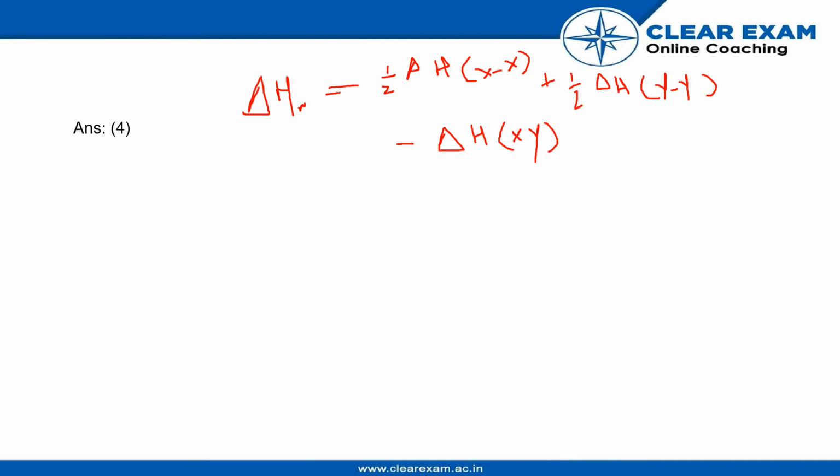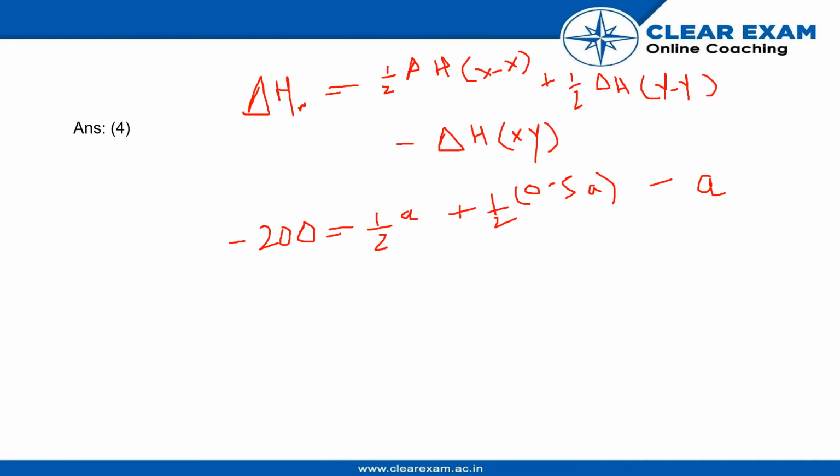So this reaction further changes to, we know the value of delta H reaction, that is minus 200 is equals to half of A plus half of 0.5 A minus A. A represents the ratio 1 is to 0.5 is to 1.